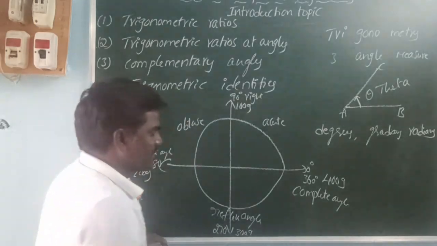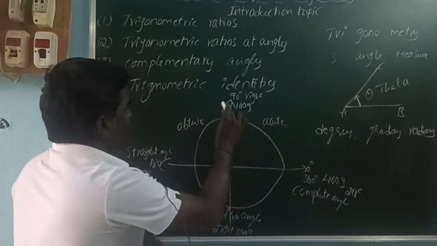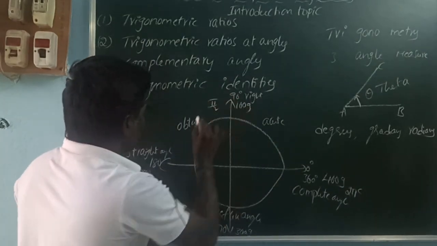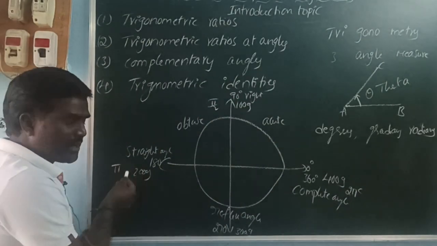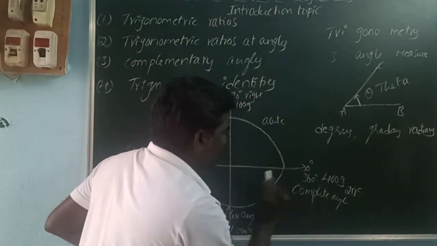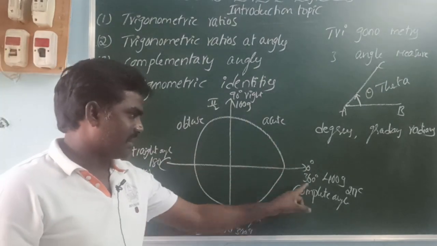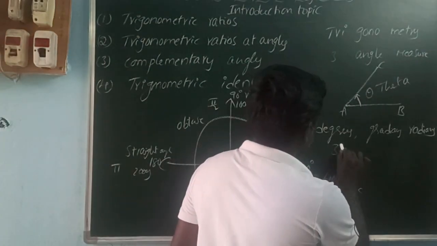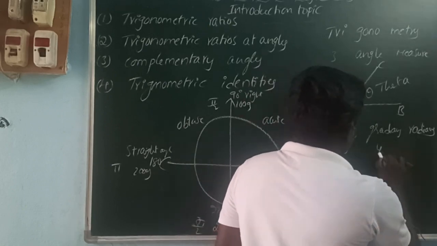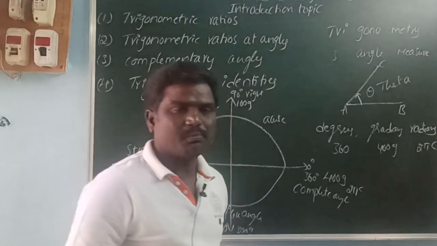Next, radians. The complete angle is 2 pi. So pi by 2, pi, 3 pi by 2, 2 pi. The complete angle in degrees is 360, gradients 400, radians 2 pi.